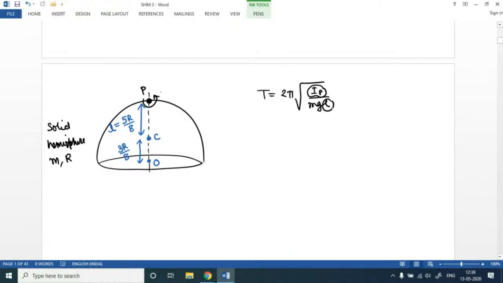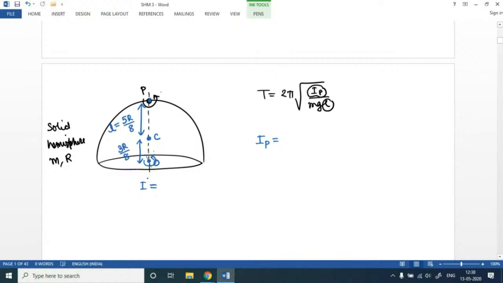So this L we have found out, and now we are looking to find the value of I_P, that is the moment of inertia of this solid hemisphere about an axis passing through point P. First of all, the moment of inertia about the axis passing through O, parallel to P. For a solid sphere it is 2 by 5 mr square.